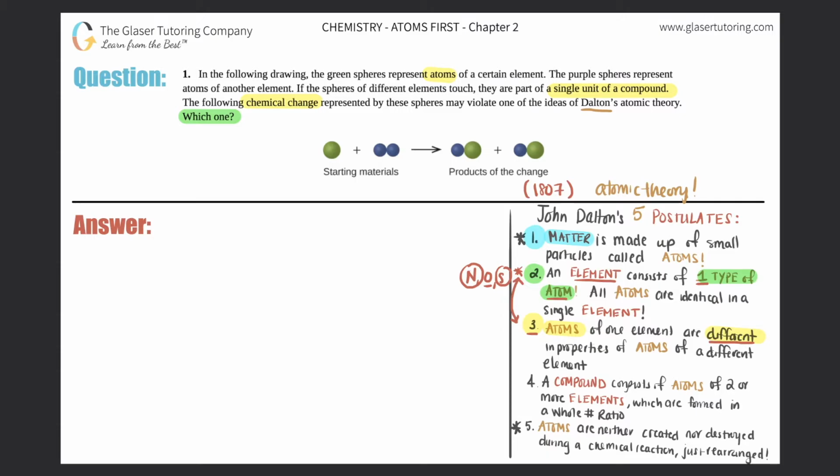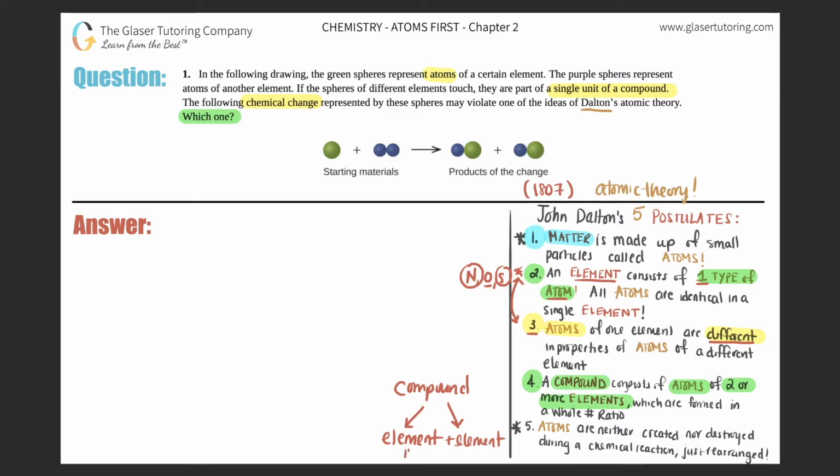Only until number 4 do we get to compounds. So the 4th postulate in Dalton's atomic theory was that a compound consists of atoms of 2 or more elements. We already know this, right? We knew this from chapter 1. If you want to make a compound, you have to have 2 or more elements, and those elements have to be coming together to interact with each other.